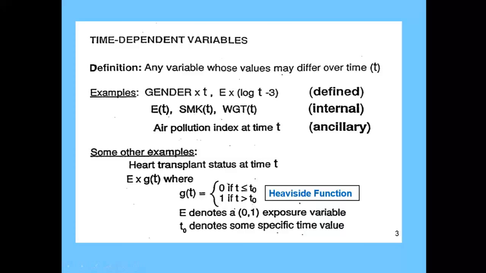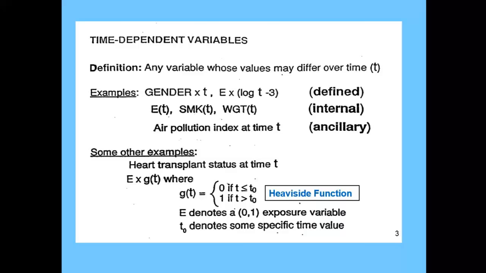Let's say t sub 0 is 3, and we're talking about 3 days. Remember I gave you an example about people getting surgery for cancer? Suppose we define g of t to be 0 if t is less than or equal to 3 days, and equal to 1 if t is greater than 3 days.